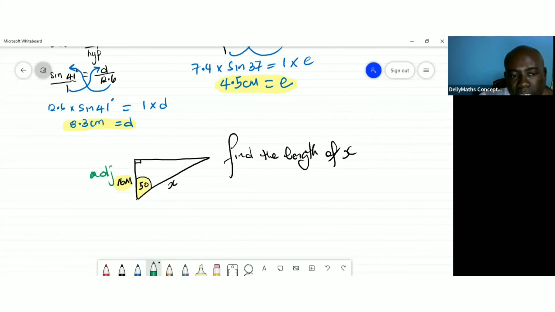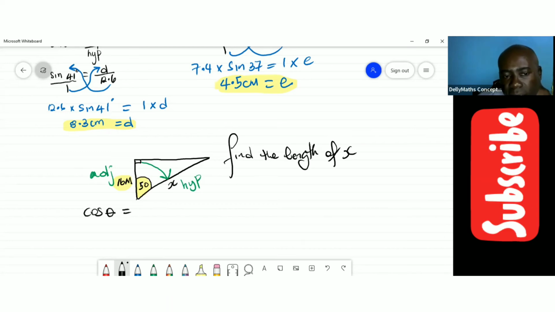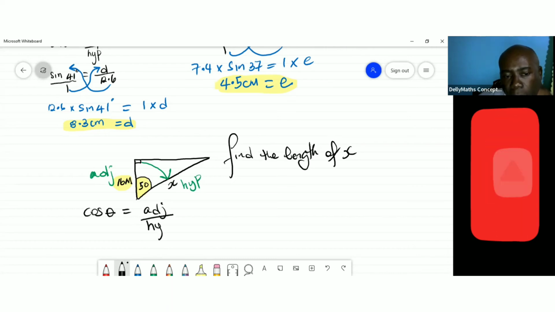So we have the adjacent side, and definitely we have the side opposite to the 90 degrees, which means we have the hypotenuse to deal with. So the hypotenuse and the adjacent side says that we're dealing with cos. So the cos of the angle is going to equal the adjacent side over the hypotenuse.